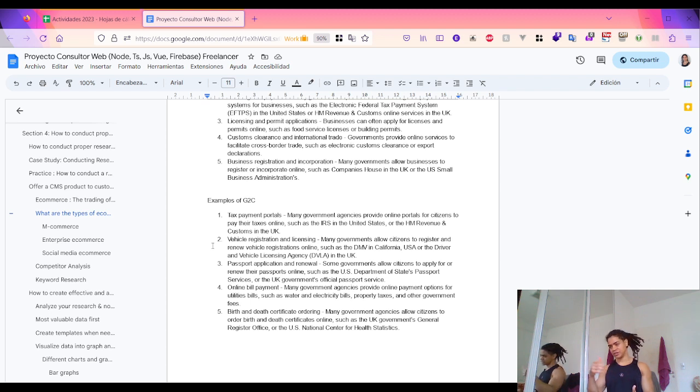where now citizens can renew their license or apply for new ones.